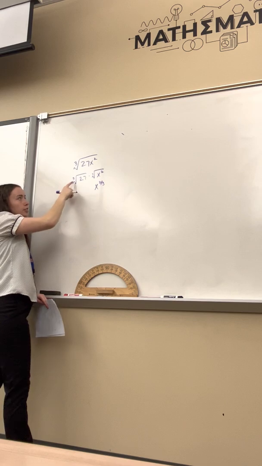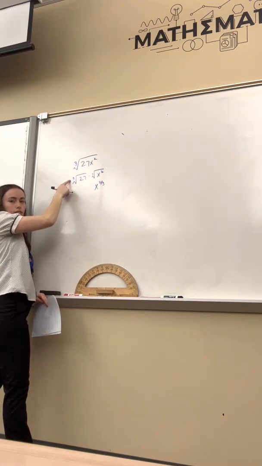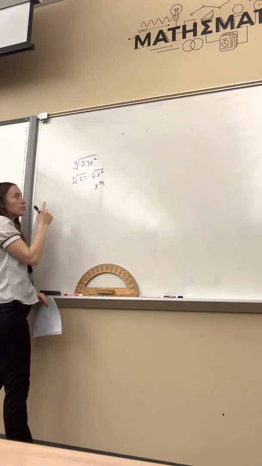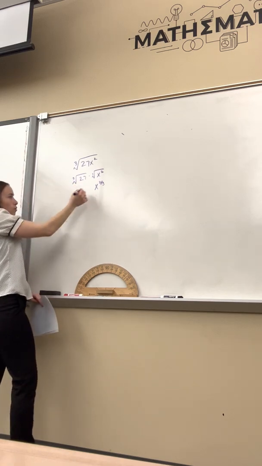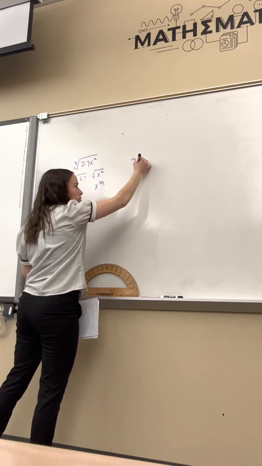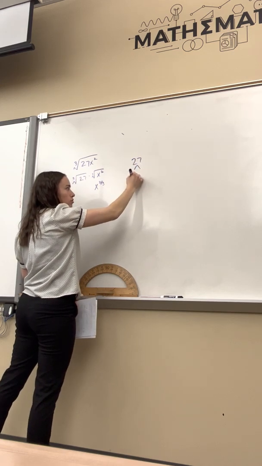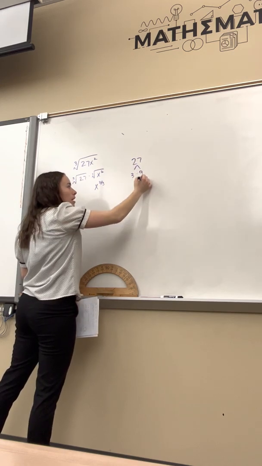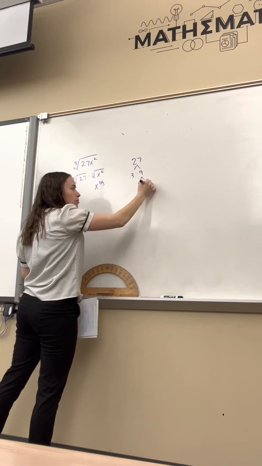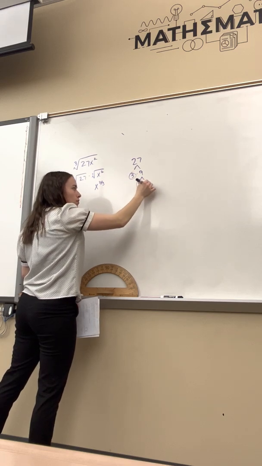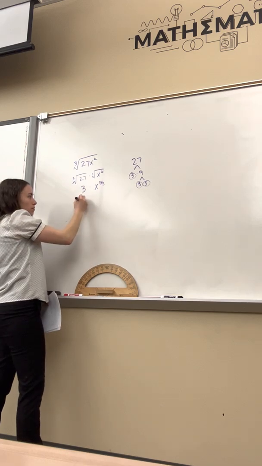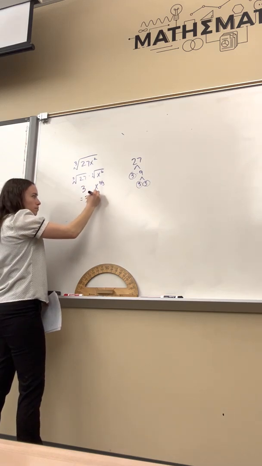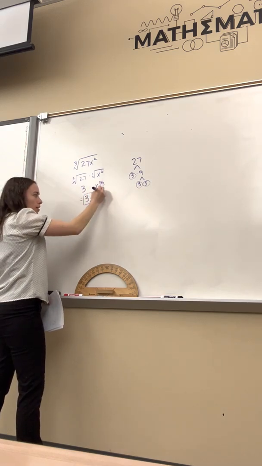In your calculator, it can be tricky to try and use this, but we want to think about what is multiplied by itself 3 times to get to 27. So over here, we're going to do a little factor tree. We know that 27 is 3 times 9, and then 9 is 3 times 3. So our answer here is 3. And this is what you'll end up with.